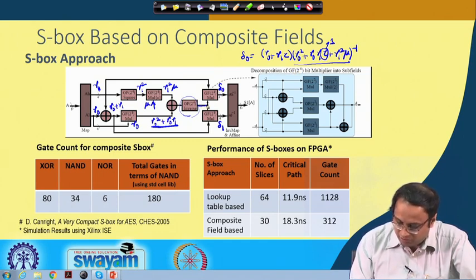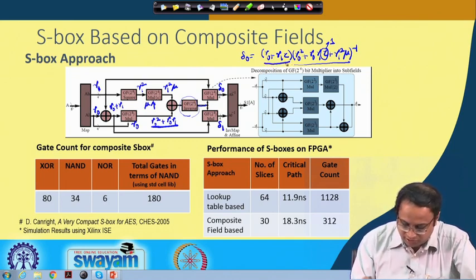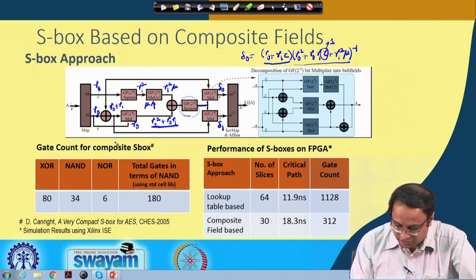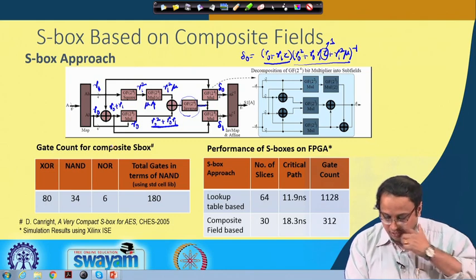Now you multiply this with this part, which is your gamma 0 plus gamma 1, passed here, and you get the corresponding output.